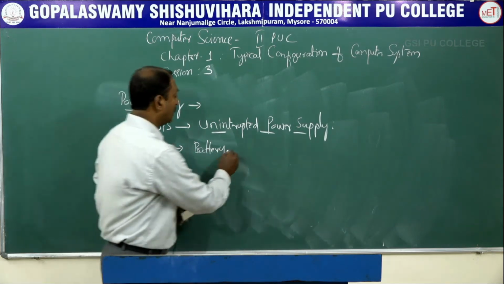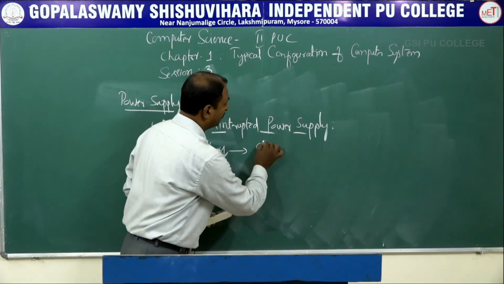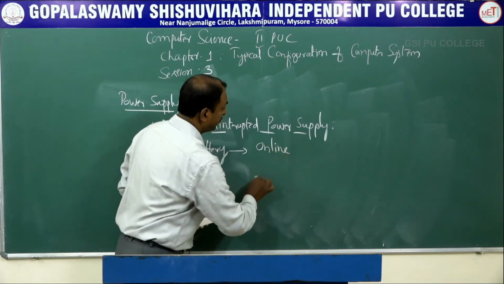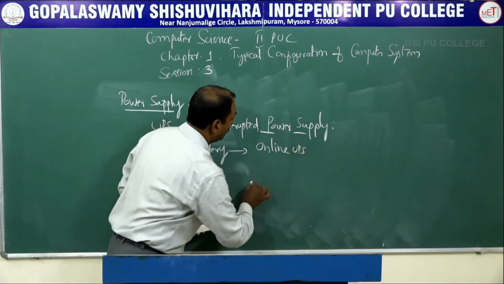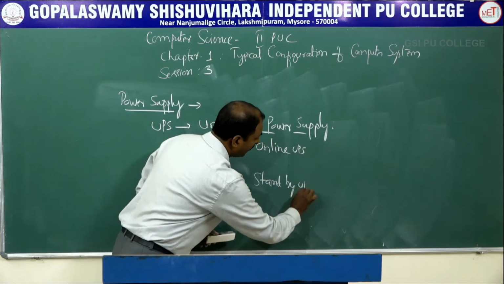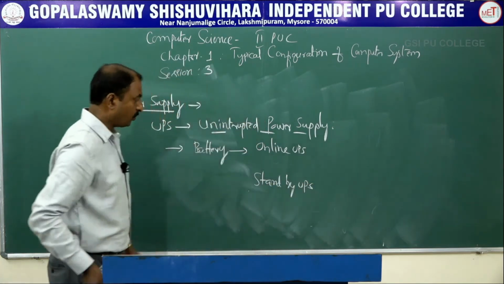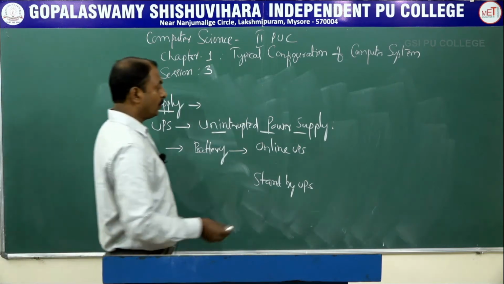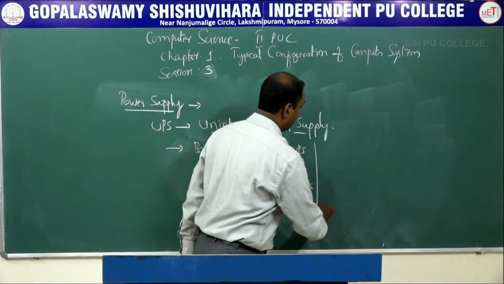Here there are two types of UPS. One is called online UPS, and the second one is called standby UPS system. So what is online UPS? No doubt both of them work on battery.